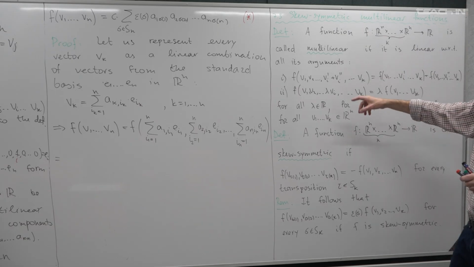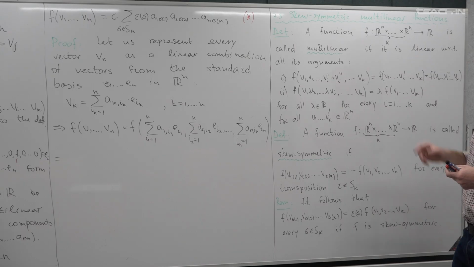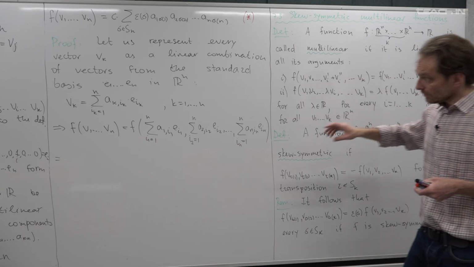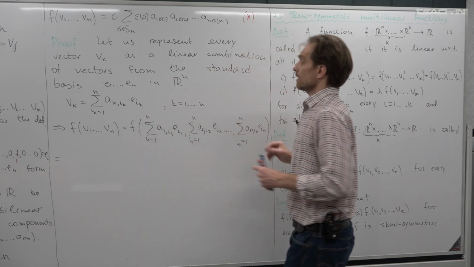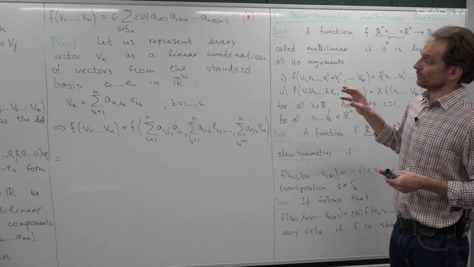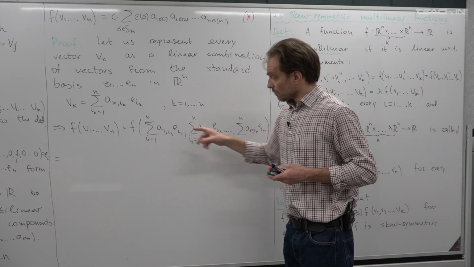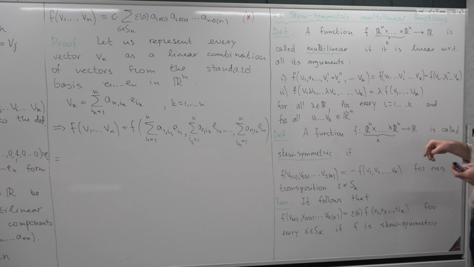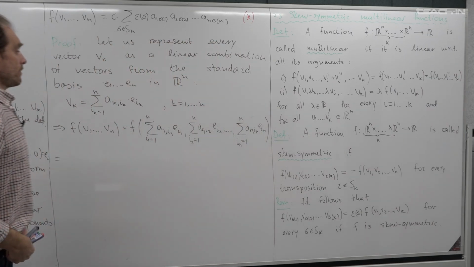So when we apply the first property n times, we can represent f of the sum as the sum of the values of our function on vectors that are proportional to the basis vectors. And then we apply the second property, and so we move all the constants out of the function.